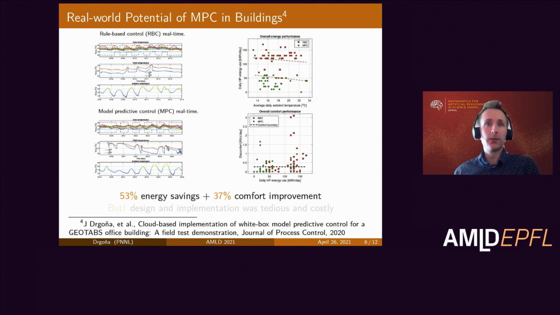So why did this happen? Some intuition can be gained by comparing the trajectories of the system dynamics, where the top figures are trajectories governed by the rule-based controller, and the bottom figures are trajectories governed by the complex model predictive controller. The first figure shows the temperatures within the building, which we want to control to maintain the desired level of comfort.